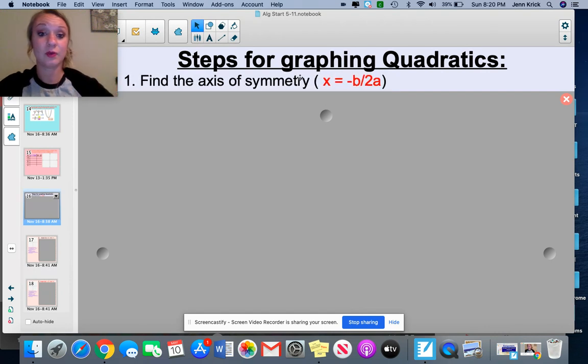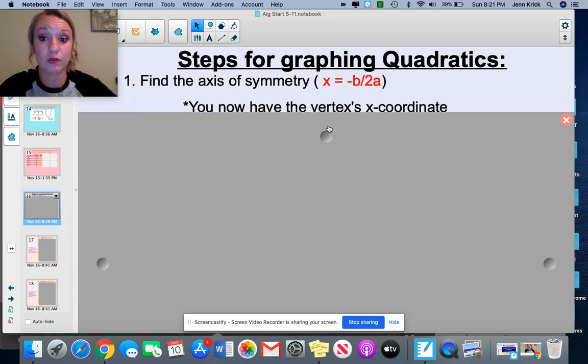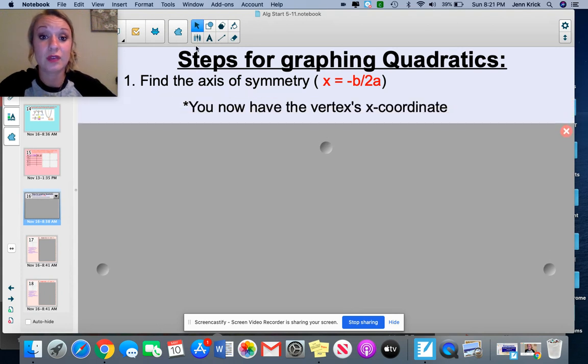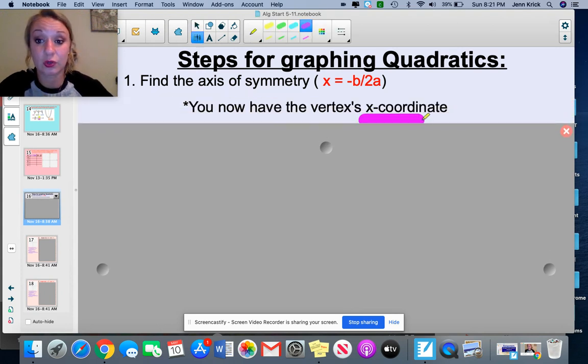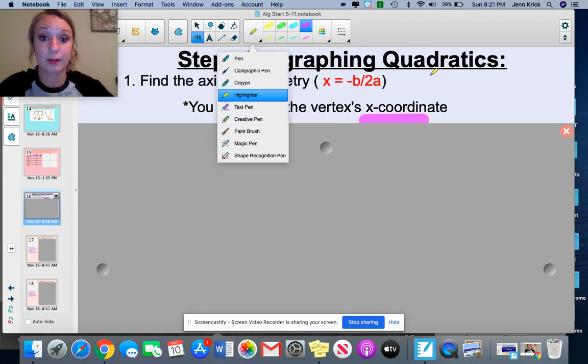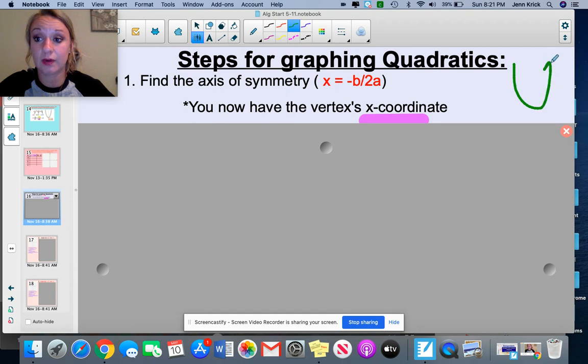So step number 1, find the axis of symmetry using x equals negative b over 2a. You now have the vertex's x coordinate. So when you're drawing a parabola, let me just show you really quick with the pen. Let's say that this is your parabola, and you just found your equation for your axis of symmetry that drops right here.